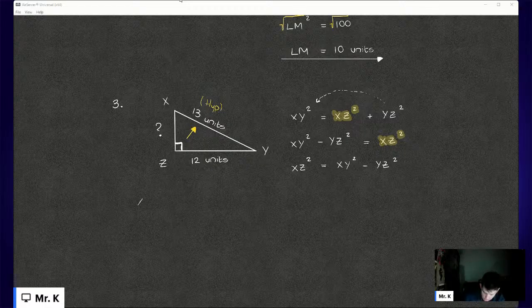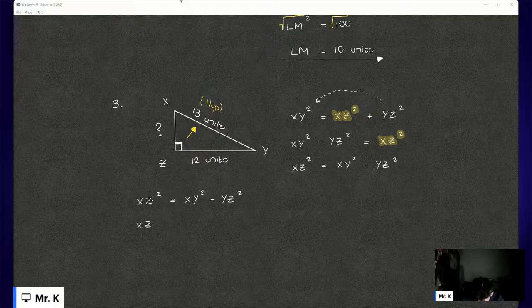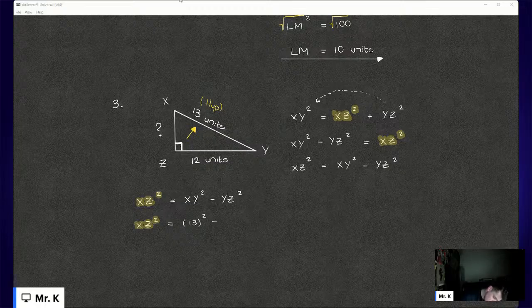So to start solving, we use our rearranged equation. XZ squared is equal to XY squared minus YZ squared. I know that listening to the letters can be a bit confusing, but the left-hand height of this triangle is what we are solving for. So this remains the focal point or the subject of our formula. XY is the hypotenuse, which is 13 units squared, minus the base, which is 12 units squared.